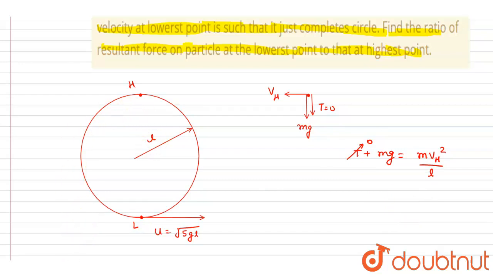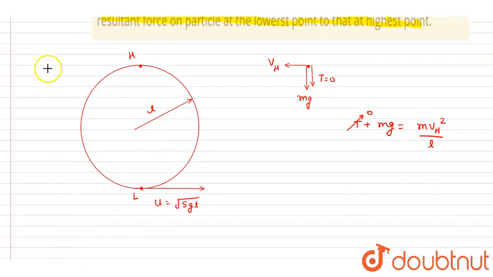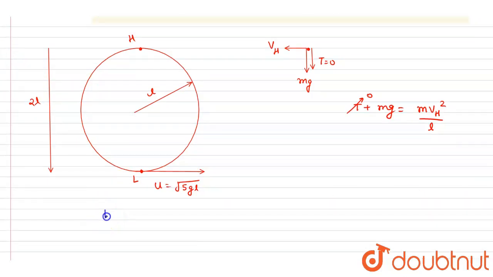Now accordingly you can get the velocity at the lowest position by writing the work energy theorem. If you see, the particle has to travel this 2L distance in the downward direction, right? So what will be the velocity at the lowest position, you can get by just writing down the work energy theorem.